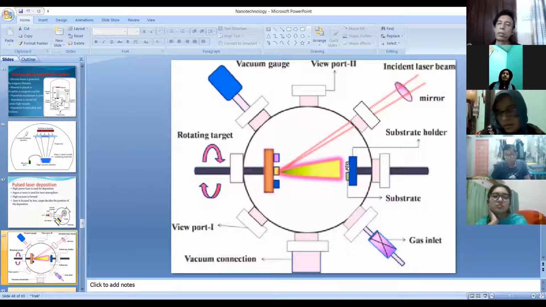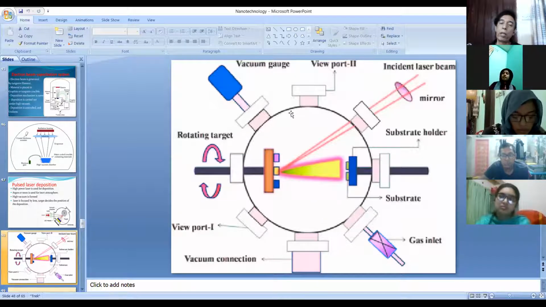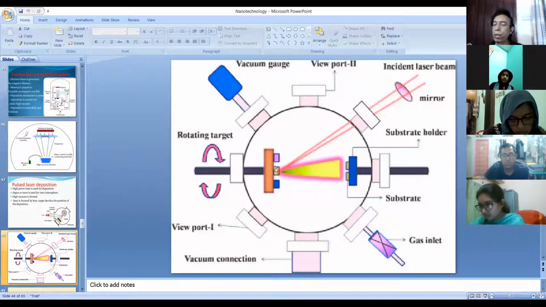This is your pulsed laser deposition. Now, why is high vacuum required? Because if there are other molecules, say for example nitrogen molecules or oxygen molecules, then they will ionize also, because a very high amount of heat will be generated here because of the high energy laser beam, and they will produce plasma also.